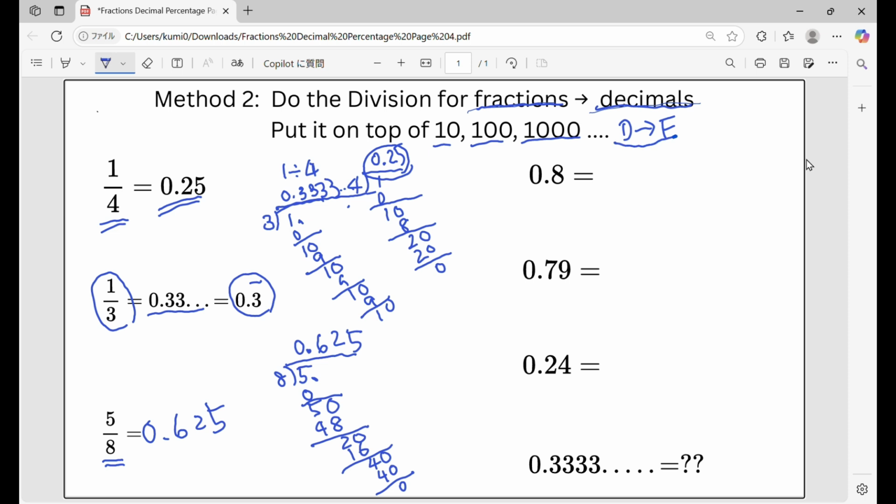From decimal to fraction, here's the thing. You know 0.1 is 1/10, right? So 0.8 is 8/10.